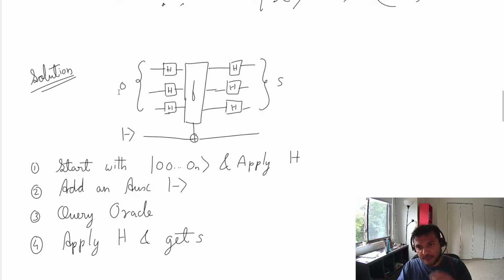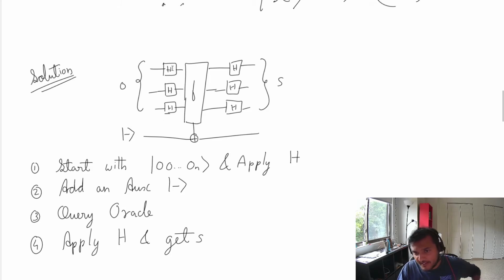The solution was a single query process, and we started with a 0 qubit state, and the number of bits depended on the number of bits in the problem, and then an auxiliary state with a minus sign.